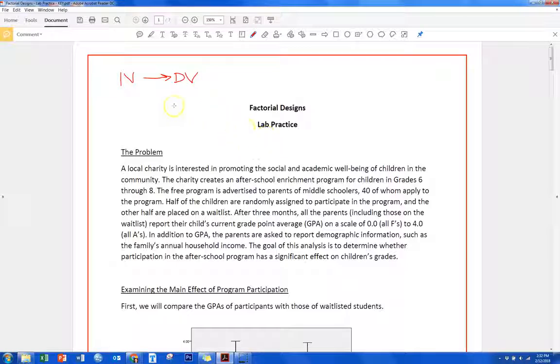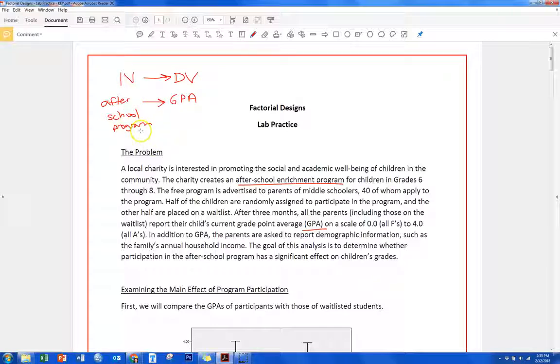So in this situation, the independent variable is participation in the after-school program, and the dependent variable is GPA. So we're interested in the effect of the after-school program on GPA.